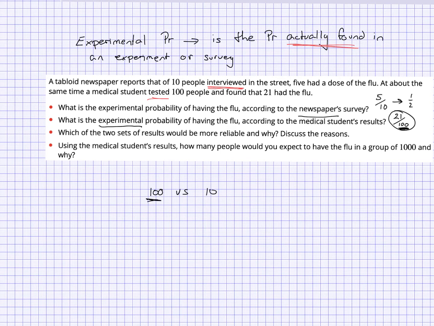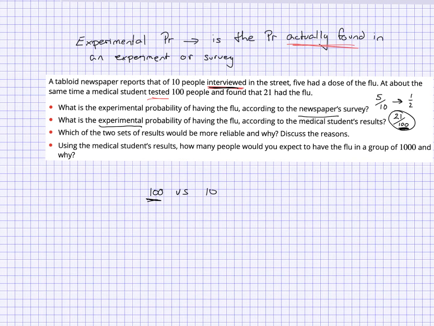The other thing is, and we might look at this later on, what happens if the newspaper people had actually just sat around outside the chemist and talked to 10 people coming out of the chemist? Chances are you would have spoken to quite a few people with the flu. So there's a little bit to think about with looking at survey design and so on.